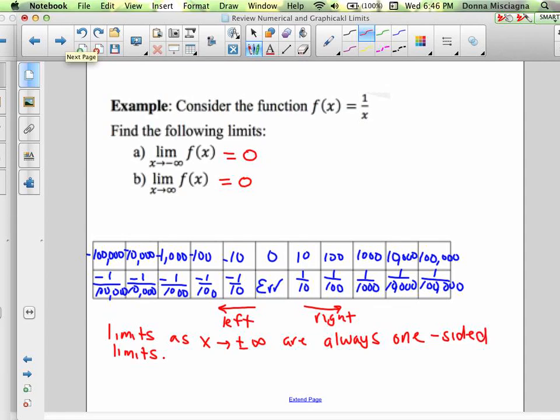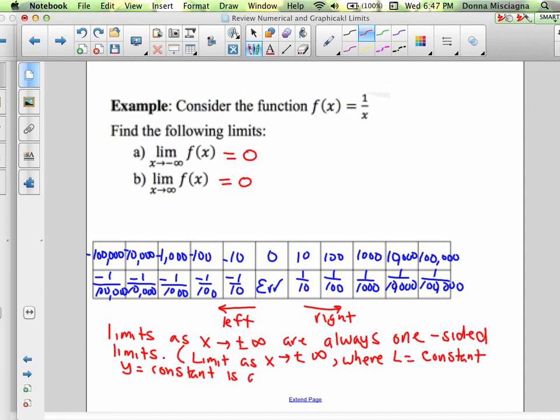And just a little preview of things to come. When we have a limit as x approaches positive or negative infinity equal to L, where L is a constant, y equals that constant is a horizontal asymptote.